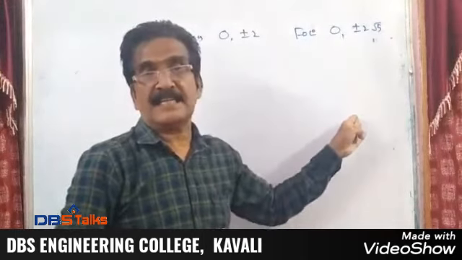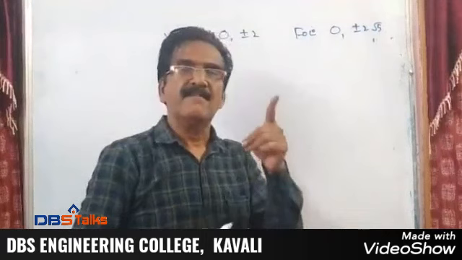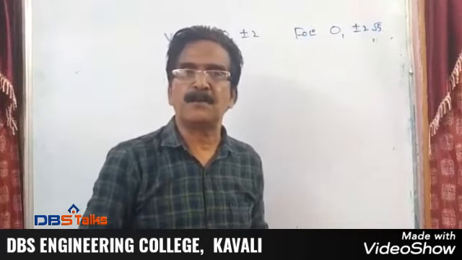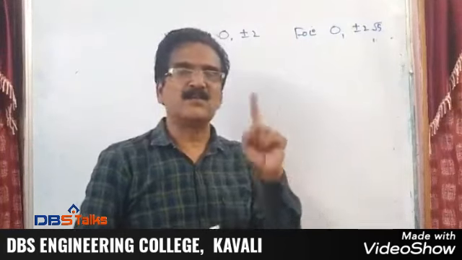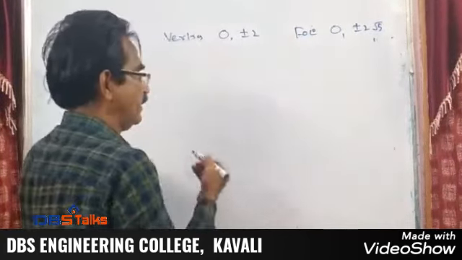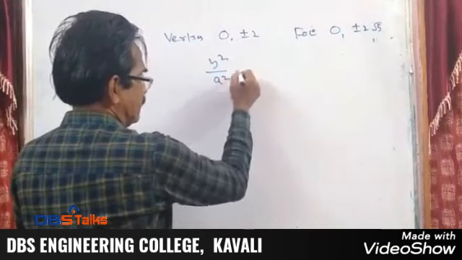If the transverse axis is the y-axis, what is the standard form of the hyperbola? y²/a² minus x²/b² equals 1. This is the required standard form.